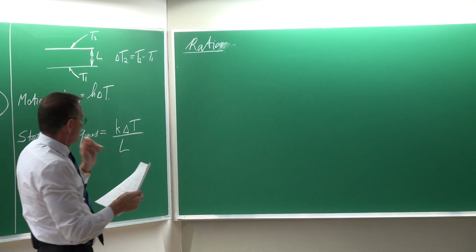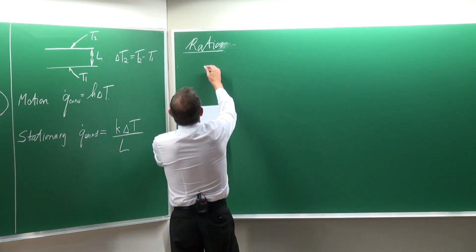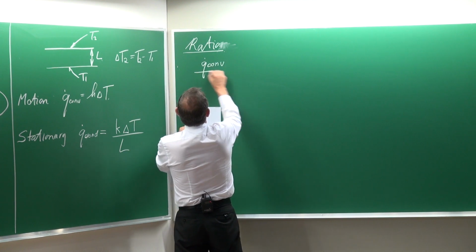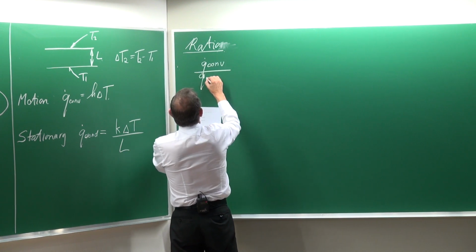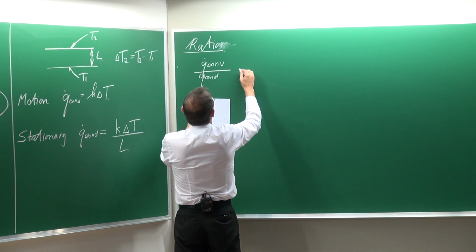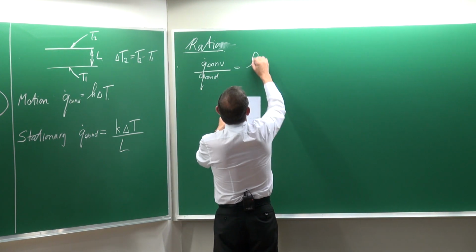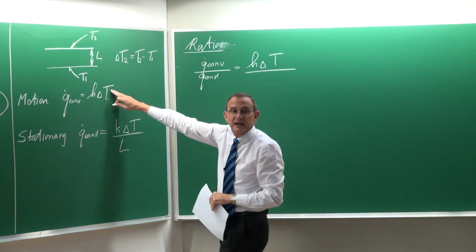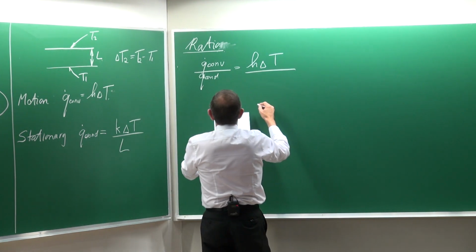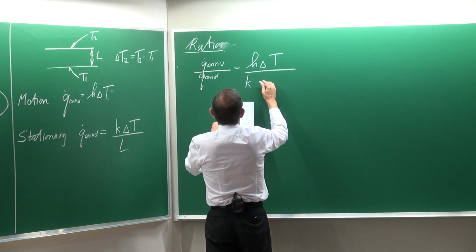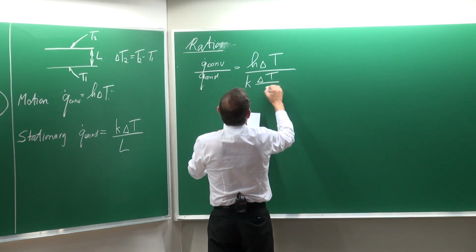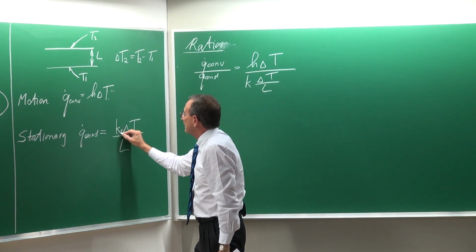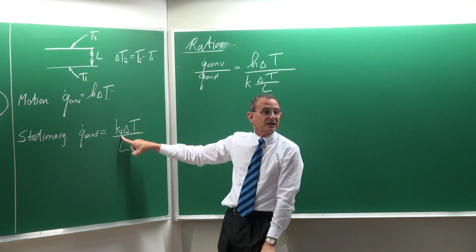So the ratios in terms of the convection heat transfer divided by the conduction heat transfer: the convection is equal to heat transfer coefficient multiplied by delta T, and the conduction is K delta T divided by L. And just to make it clear, that would be the K of the fluid.